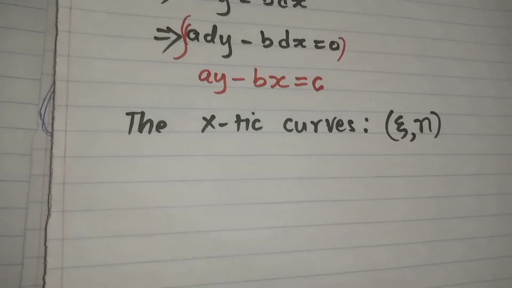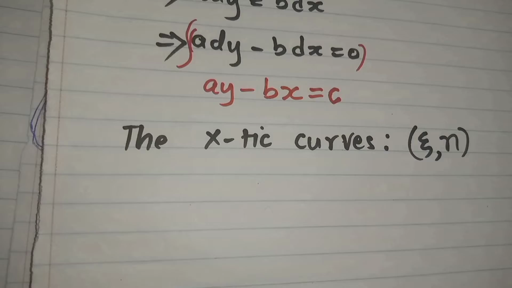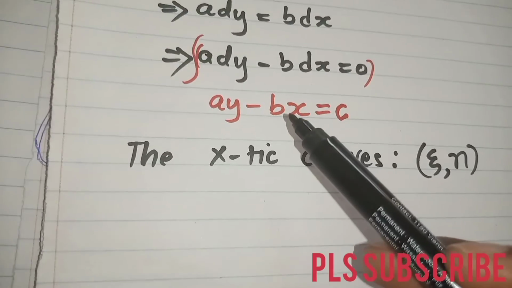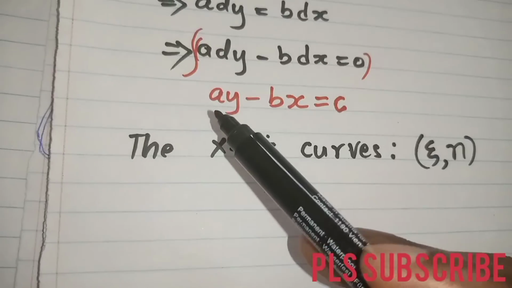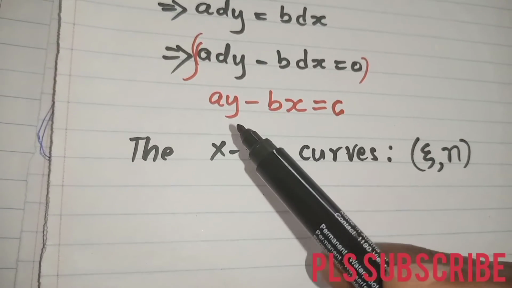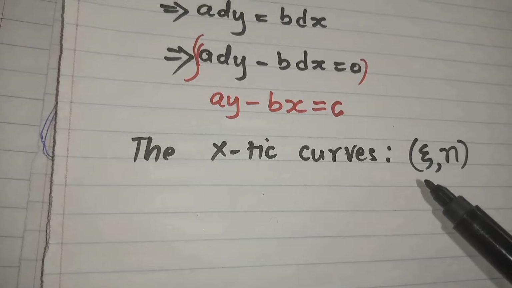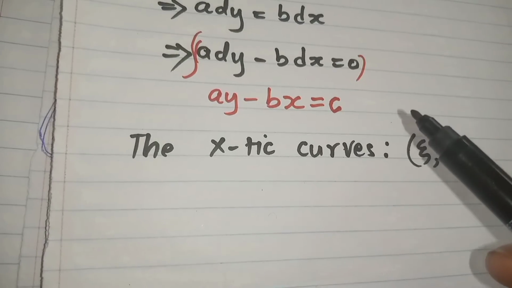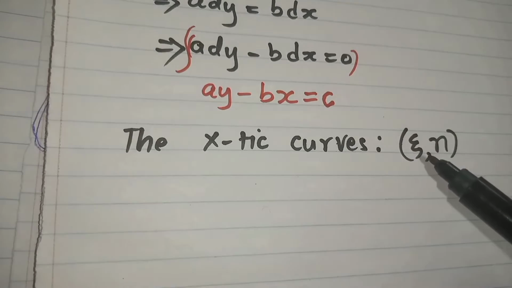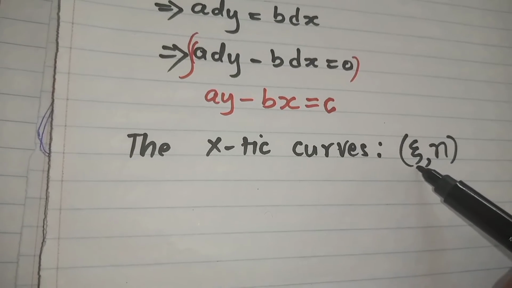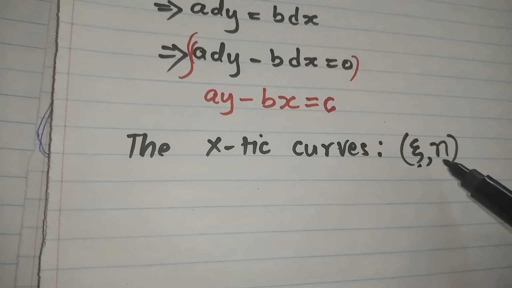Now, in our characteristic curves, we go to our previous characteristic constants. Then we let the constants, if it is one, we will let one of these variables take it. Supposing we had two constants, then we would let one constant be equal to our xi and another constant be equal to our nu.